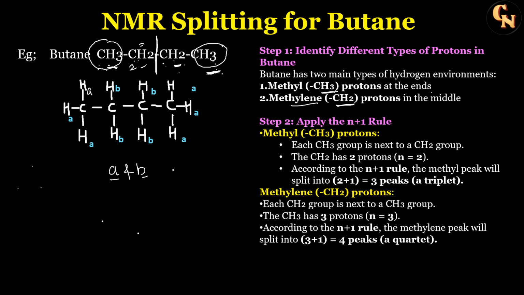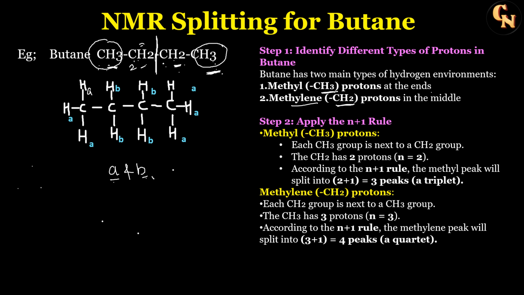Most of the time we use small letters like a, b, c, d, and so on, just to indicate whether the protons are equivalent or non-equivalent. Chemically equivalent protons are denoted by the same letter.